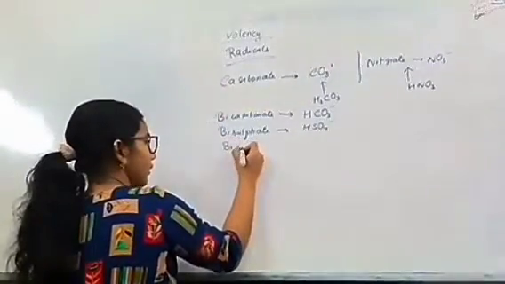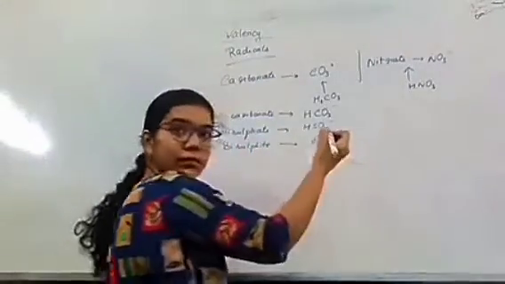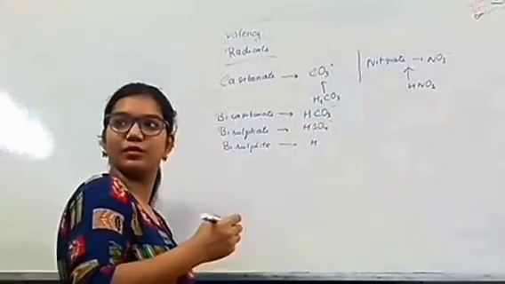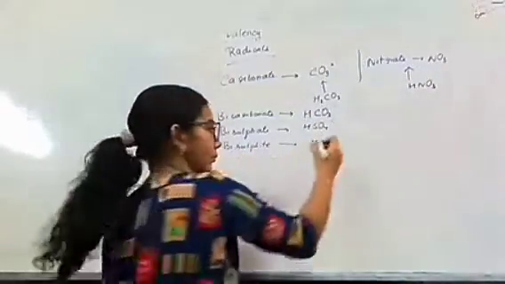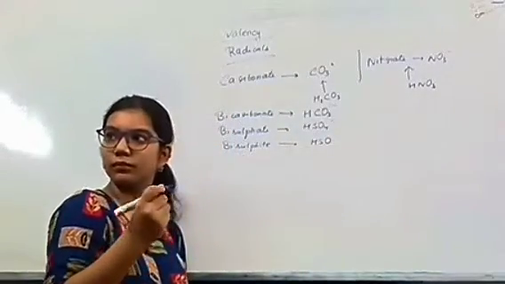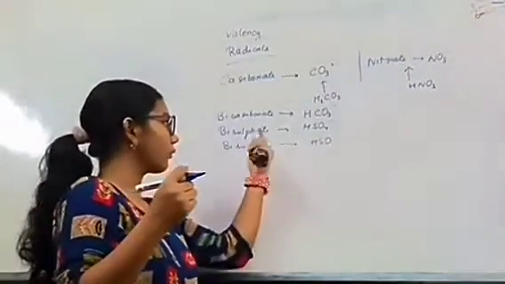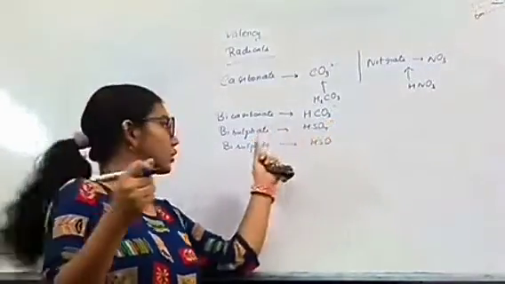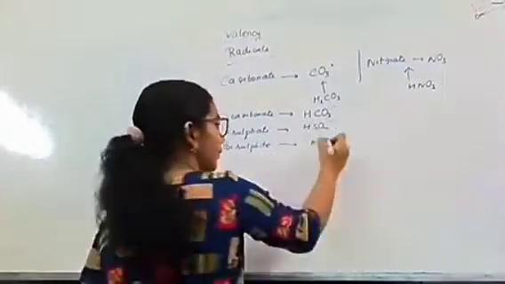Again bisulfite, H, tell me. Yes, we will have HSO3 minus, which has 3 oxygens. So one H, SO3 2 minus. HSO3 minus.